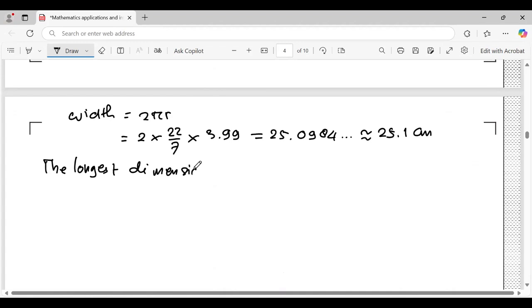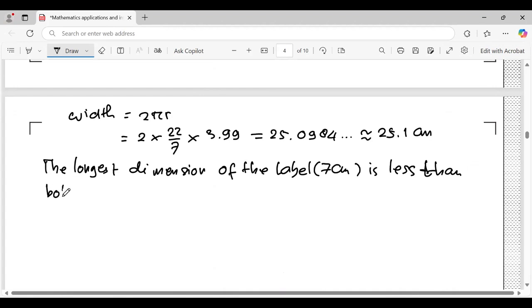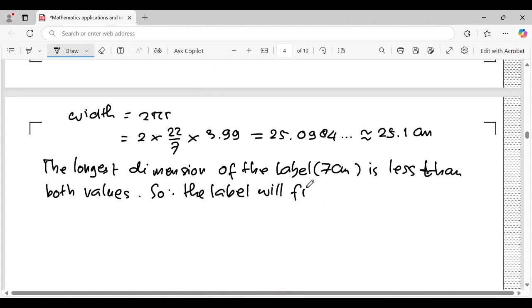So the label will fit in any rotation. This is the conclusion: the label will fit.